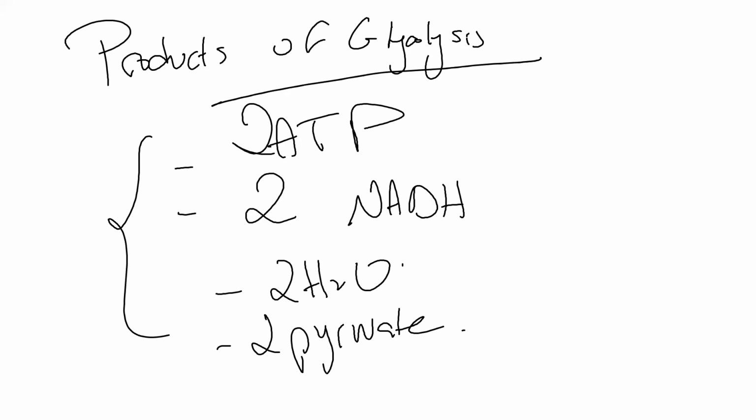That's why 2 are produced only. Yeah, exactly, 100%. That's what I'm saying. I'm speaking about the end of glycolysis, not about all of glycolysis. What do we have at the end? Not about the preparatory phase. The preparatory phase already used 2 ATP, so we don't have to add them in the products.